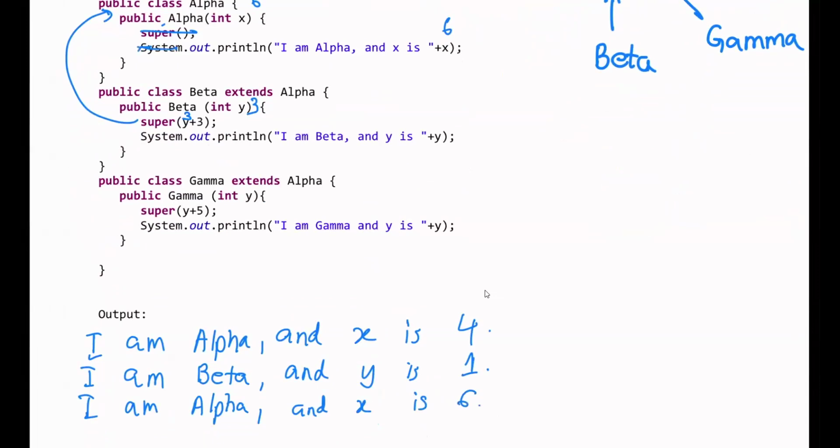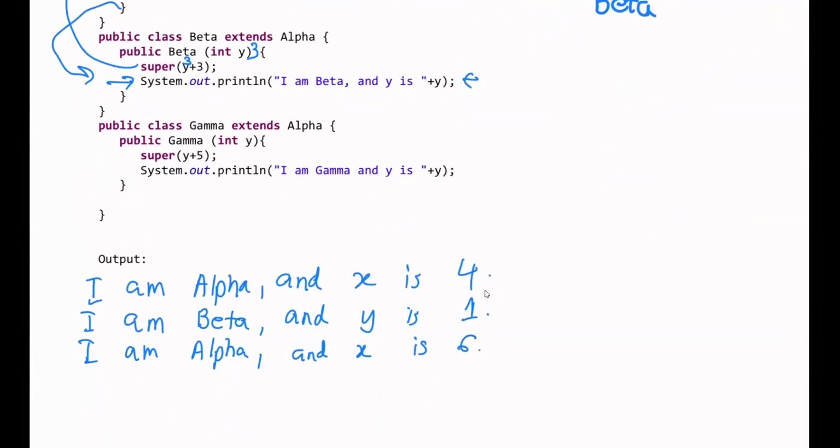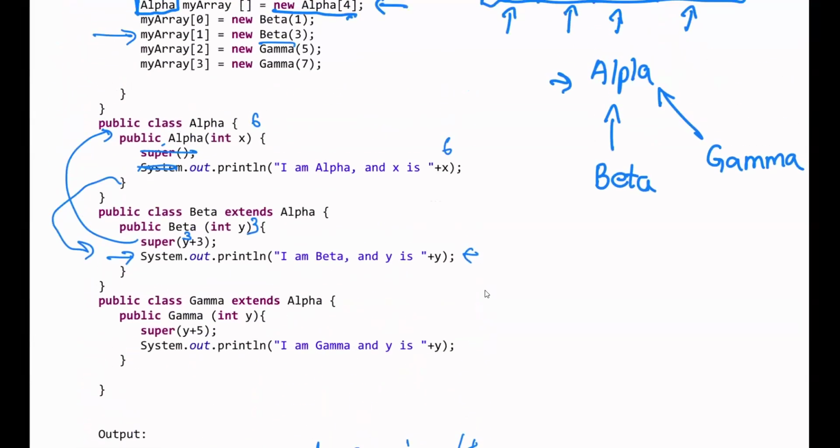When you're done, you go back here, and then it prints I am beta and y is 3.